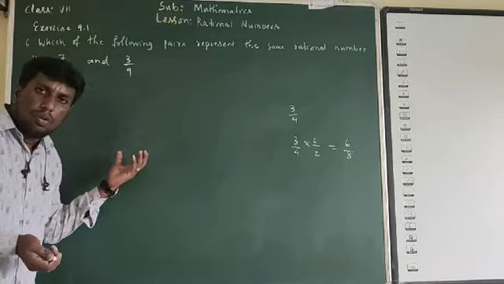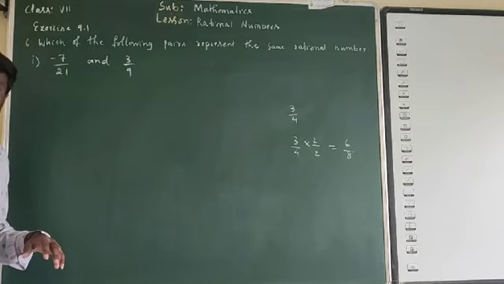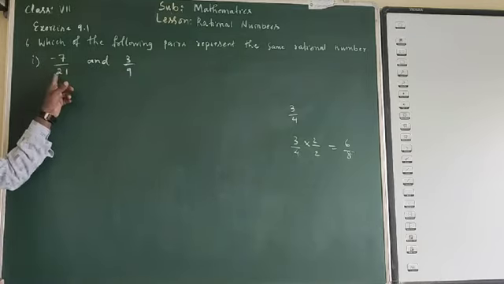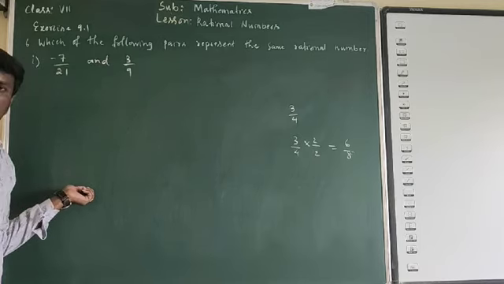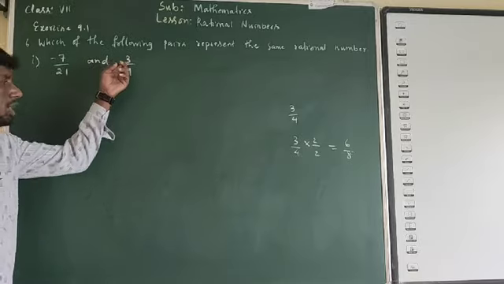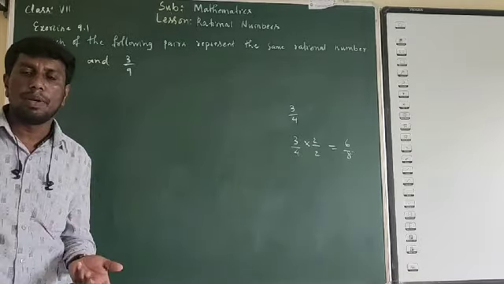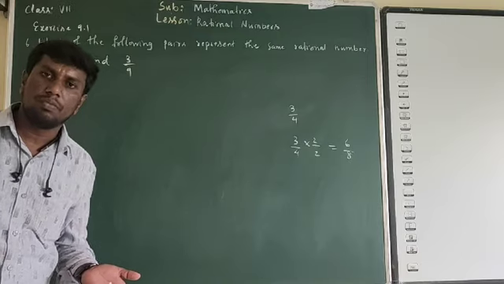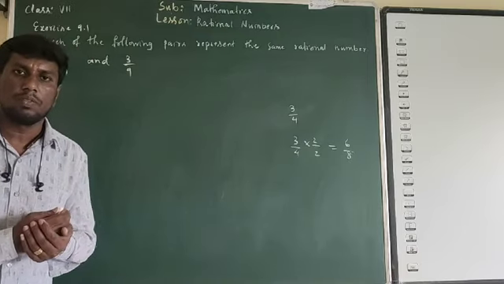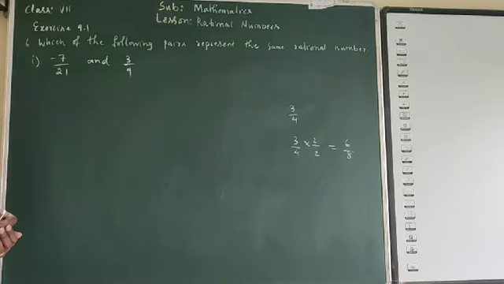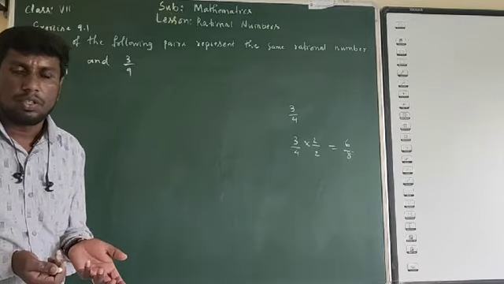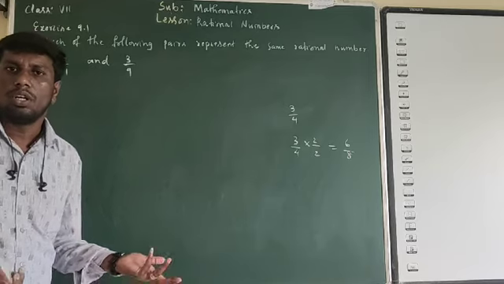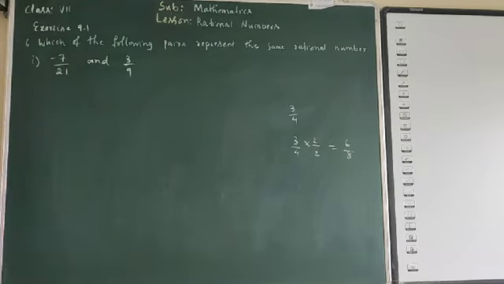In order to check, I should bring the first number into its simplest form. We will call it the normal form. 3 by 9 also, you should bring to simplest form. How to bring it to simplest form? We should check whether numerator and denominator are divisible by the same number or not, and bring it to simplest form.